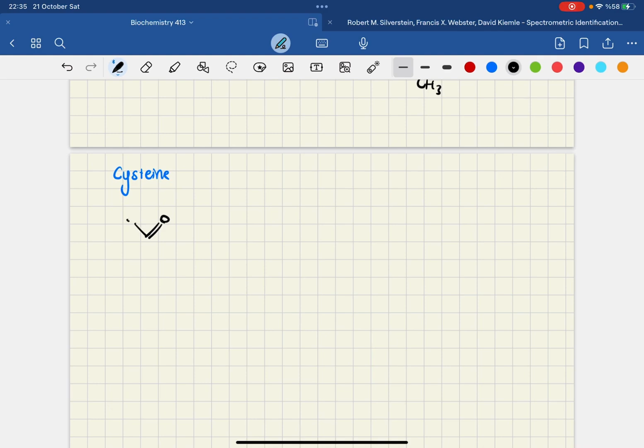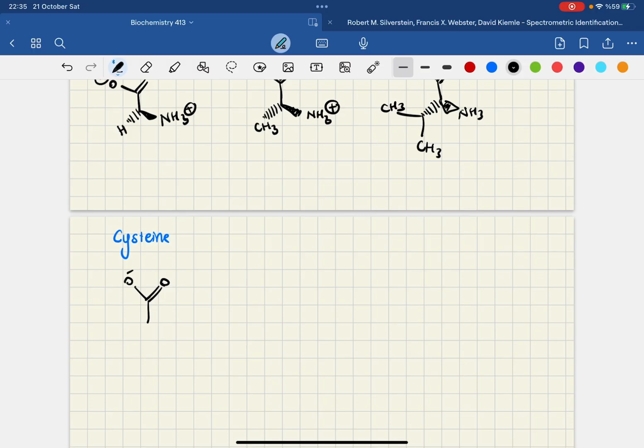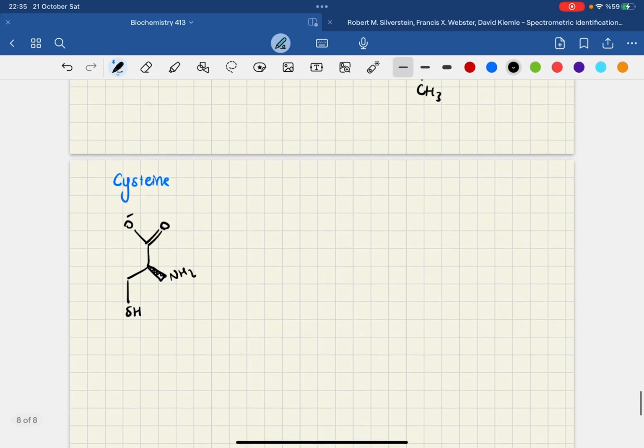So let me write it over here, and then we will have our amine group. All right, and then we will have just one carbon and sulfur containing group. All right, as simple as this.